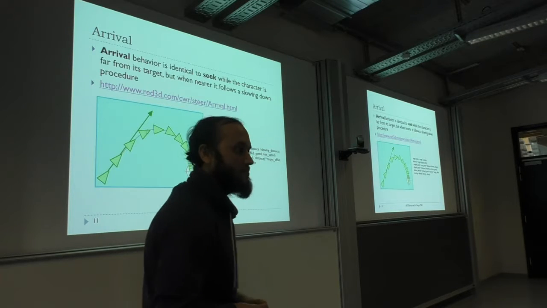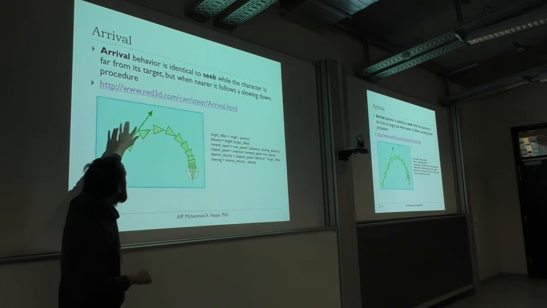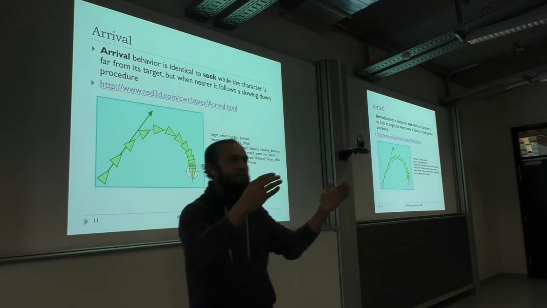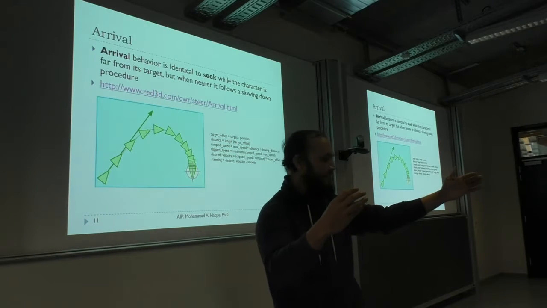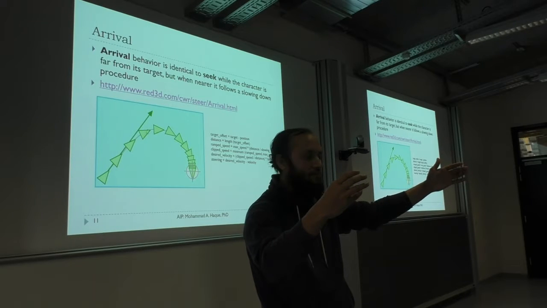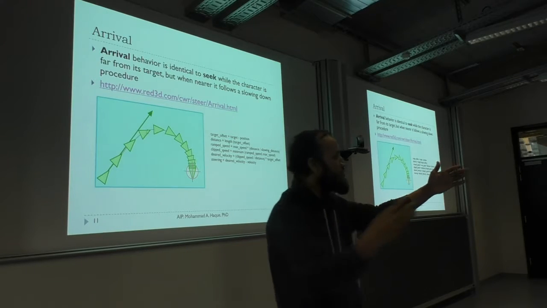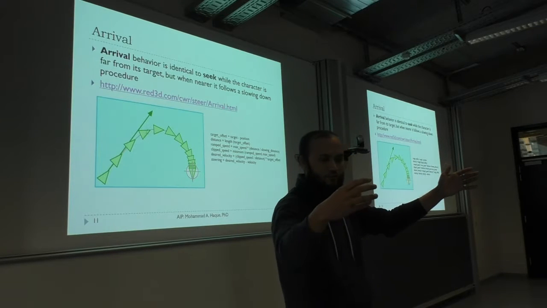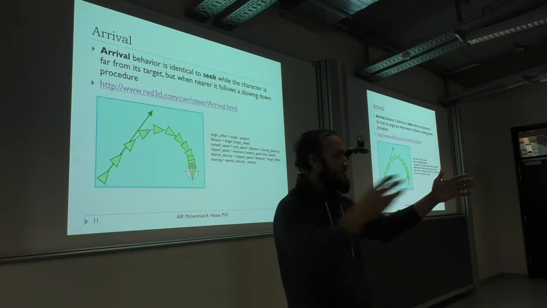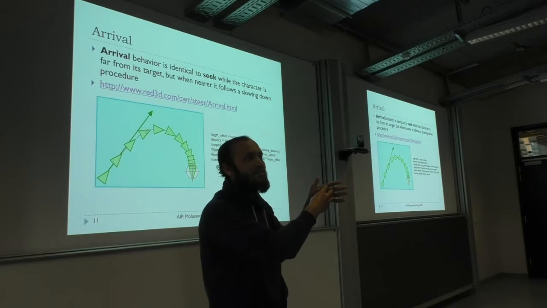Now what is arrival? You have a vehicle moving in this direction, and this is your target. So now see, you have a car here and a target here. The car is, for example, moving at 60 kilometers per hour. So from this position you are moving here. Now if you show it in an artificial scenario that the car just moves like this, it does not look realistic. What is the realistic scenario?